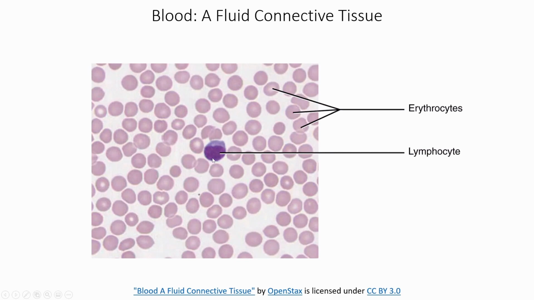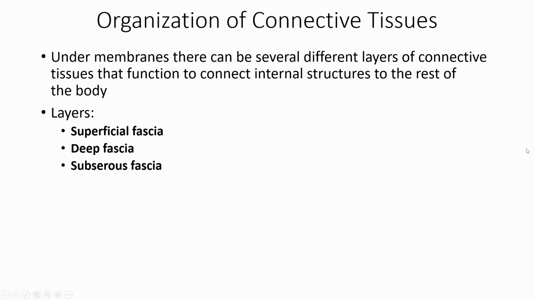I know the colors don't make sense, but it's a staining, and we stain them because they're not very visible without it. This is the fluid connective tissue. Everything around it would be some sort of water-based matrix with things like solutes dissolved in it. We don't have a picture of lymph, but that's okay. I'm more worried about the blood.